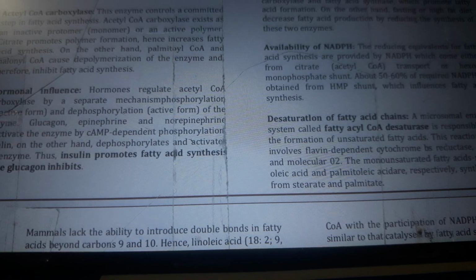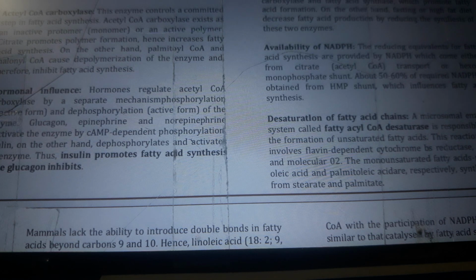Acetyl-CoA carboxylase exists as an inactive protomer, monomer, or an active polymer. Citrate promotes polymer formation. Palmitoyl-CoA and malonyl-CoA, on the other hand, cause depolymerization of the enzyme and therefore inhibit fatty acid synthesis.